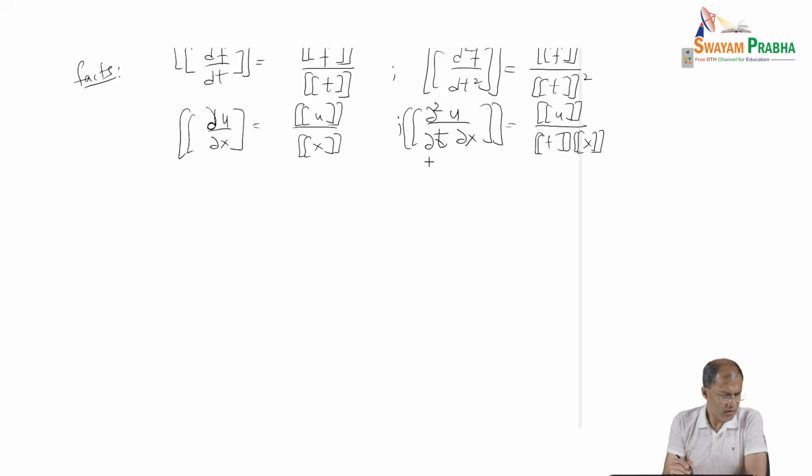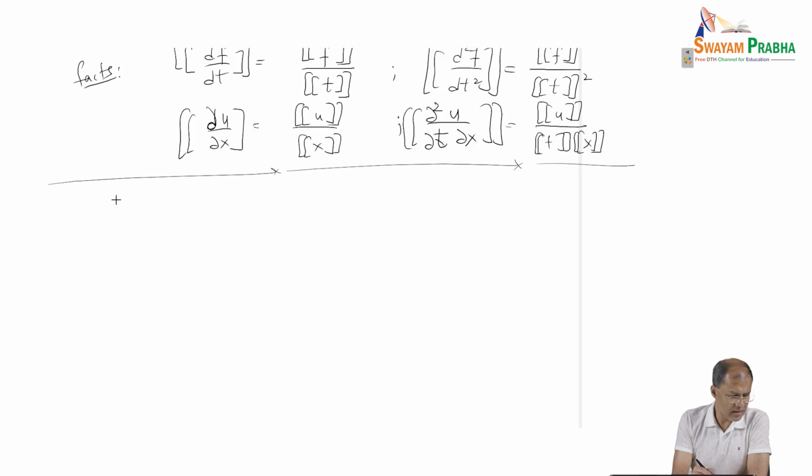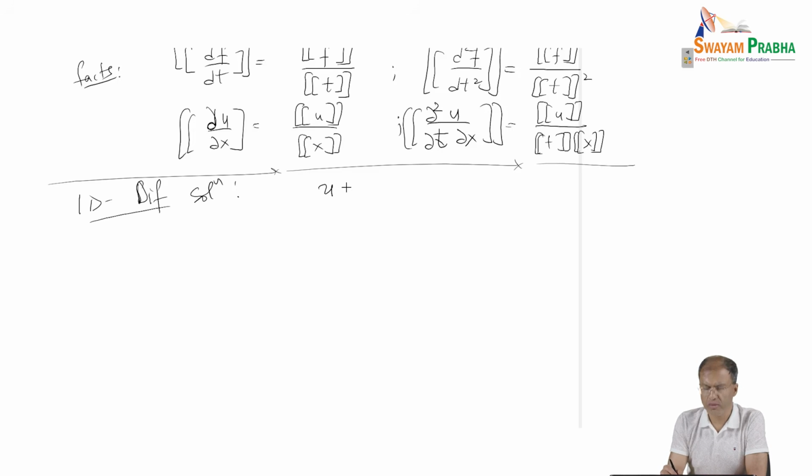Okay, so let us come back to the diffusion equation problem again. So this is the 1D diffusion solution, right? We are assuming the solution to the diffusion equation is going to be a function of whatever variables we have, the variables being x, t, D and u naught.